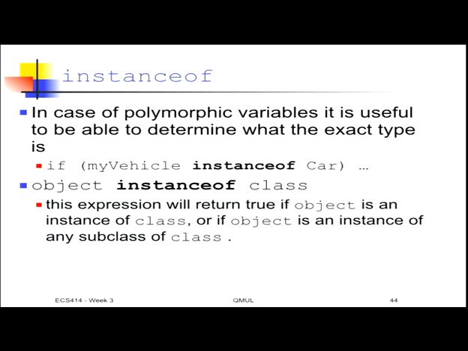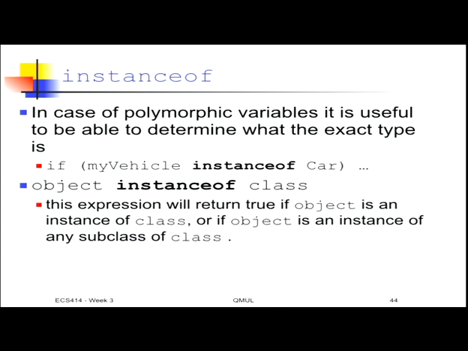The idea is simple: if you have an object and a class, you want to know if that object is an instance of that class or a subclass of that class. So object instanceof class returns true if that object is an instance of the class, or if the object is an instance of any subclass of the class.